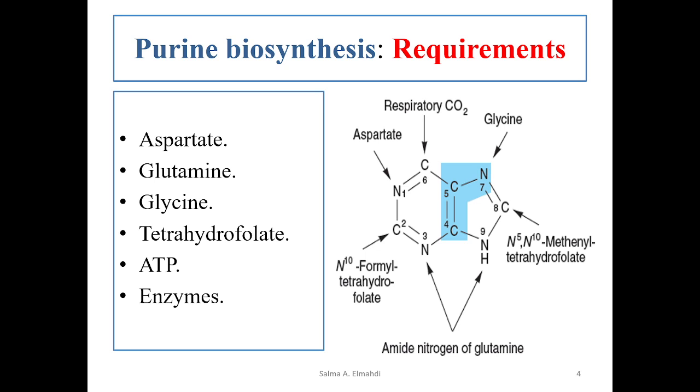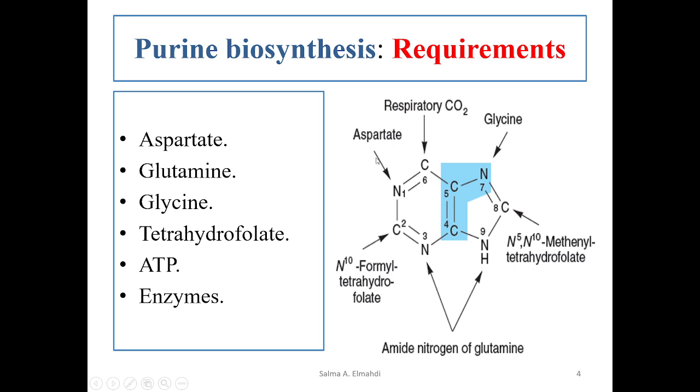The requirements for purine biosynthesis include 3 amino acids: aspartate, glutamine, glycine, tetrahydrofolate, ATP, and enzymes. As you can see here, glycine, the whole molecule of glycine, the 2 carbons and the 1 nitrogen, is incorporated into the purine molecule, making up carbon atoms 4 and 5 and N7.